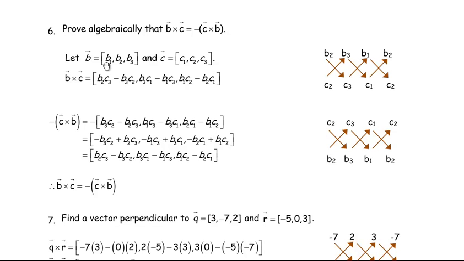Remember, use variables to represent the components, not specific values. If I called vector B, let's say the vector 2, 5, -4 or something like that, and did the same kind of thing with C, just with numbers, then that is only an example, it's not a proof. See, we're going to show that this is true no matter what B1, B2, B3, and C1, C2, C3 are.